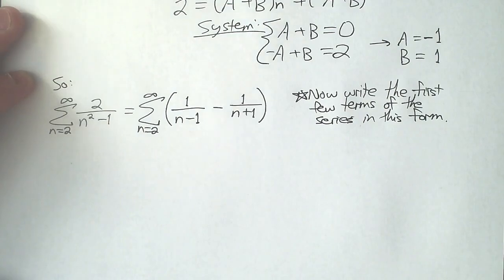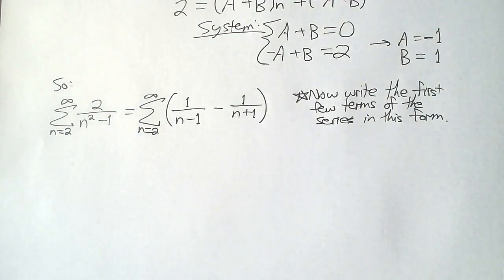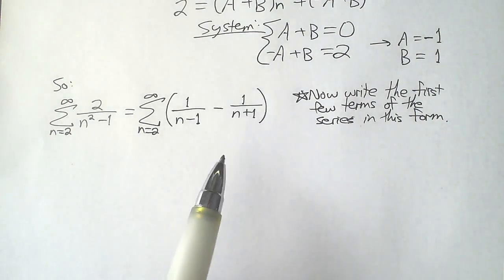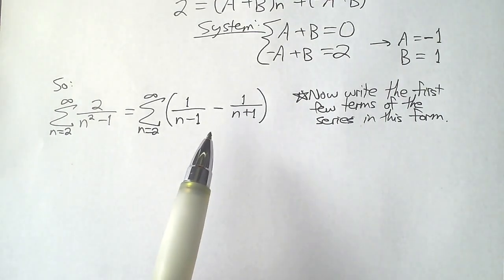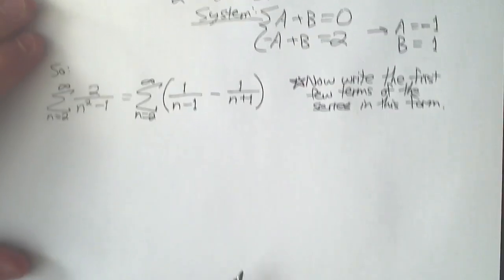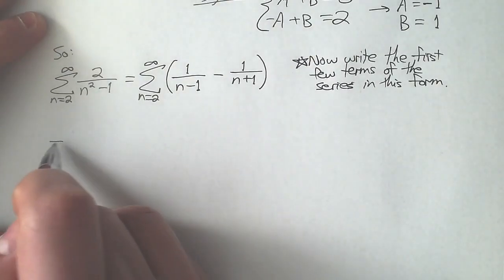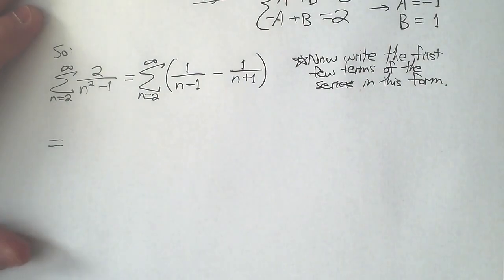Now, let me just remind you, we already wrote the first few terms of the series. At the top of this page, I wrote 2/3, 2/8, 2/15, right? And we looked at them, and it didn't really tell us all that much. But now I have kind of a new perspective on this series. I'm like, well, this series could be written in this form. Let's write the first few terms again, and it's going to show us something different.